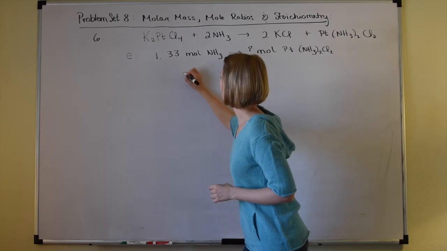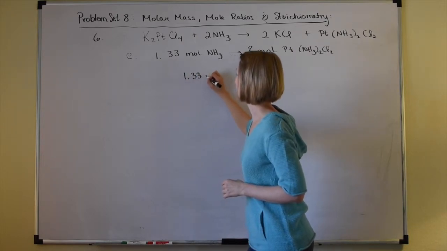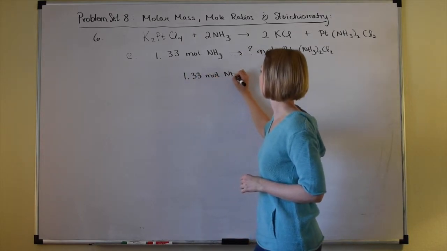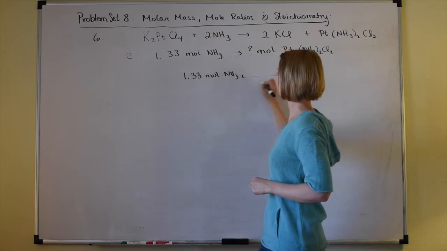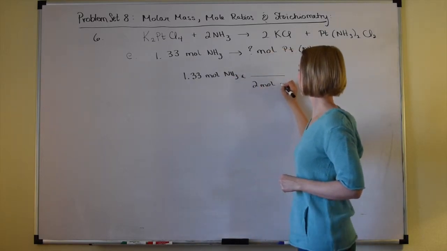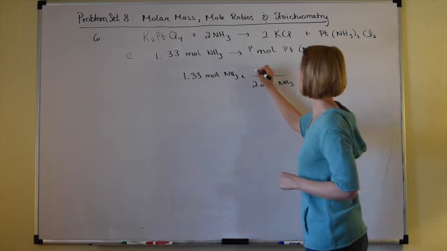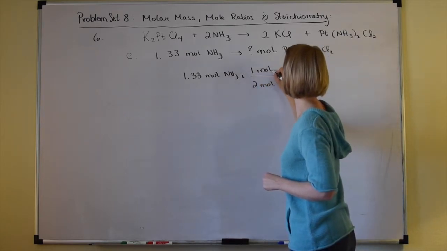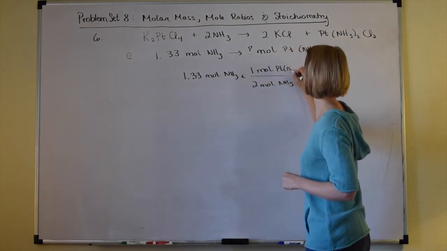So let's set this up. 1.33 moles of ammonia. For every 2 moles of ammonia, you make 1 mole of the cisplatin.